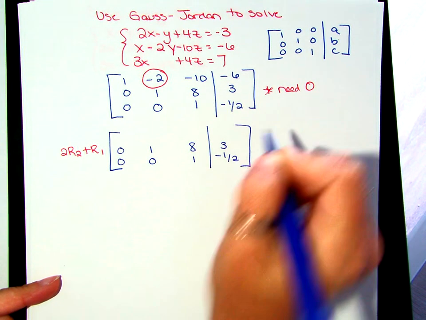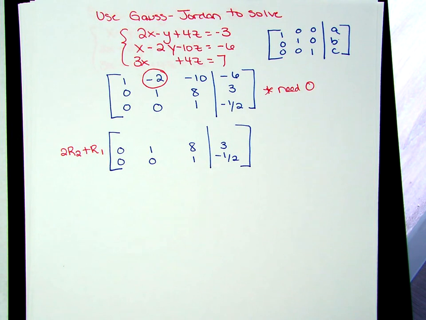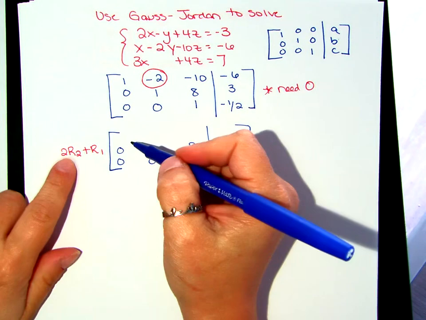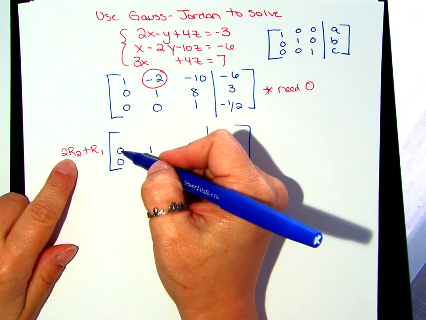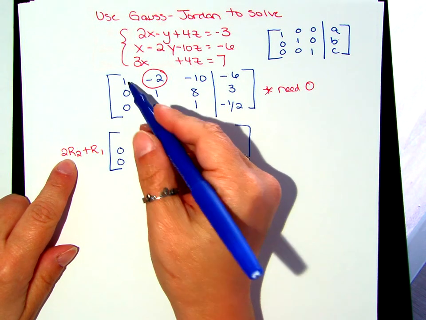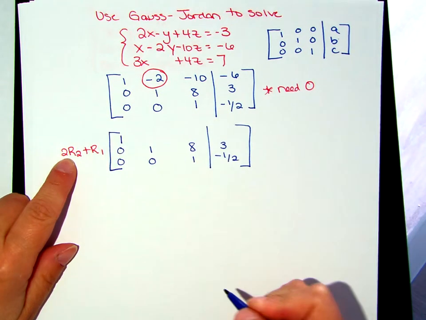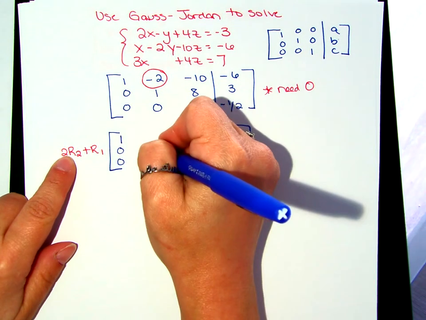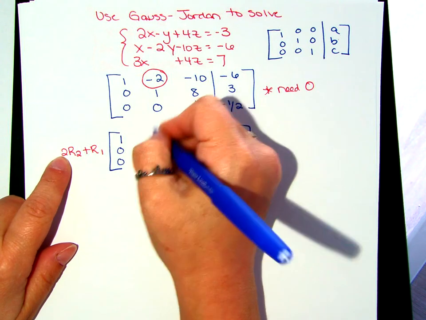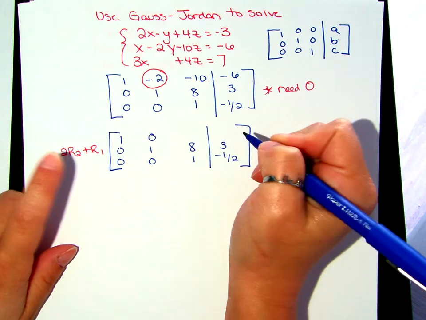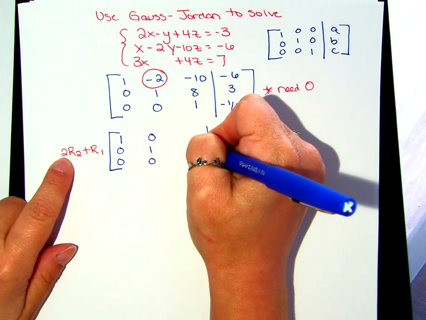So I usually write down everything I'm not changing first. Then I'm taking 2 times row 2, which in this case is 0, and adding that to row 1. So this is 1. 2 times row 2, 2 times 1 is 2, add that to -2, I get 0. 2 times row 2 is 16.